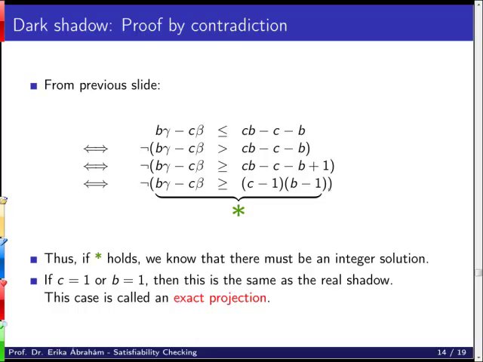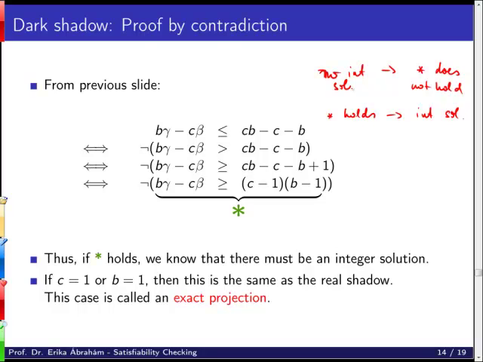So I just write no integer solution implies that star does not hold. Star is without the negation. So we know from the implication that if star holds, then there is an integer solution. And we are done.